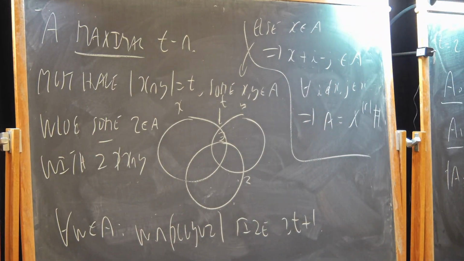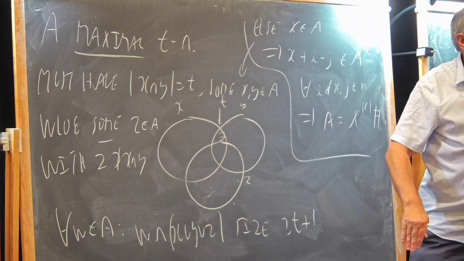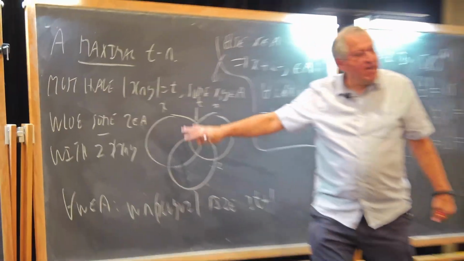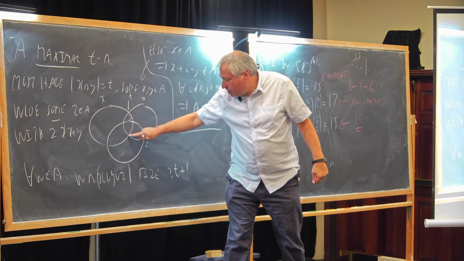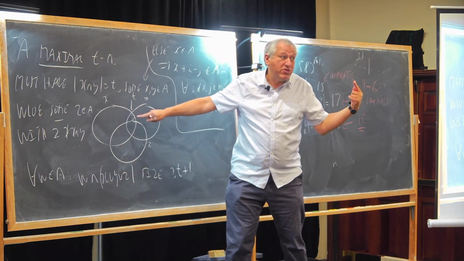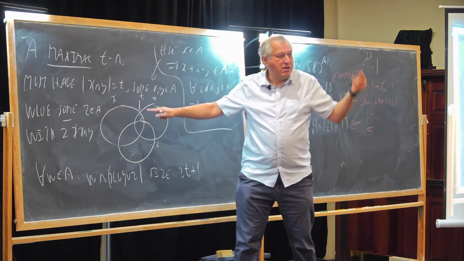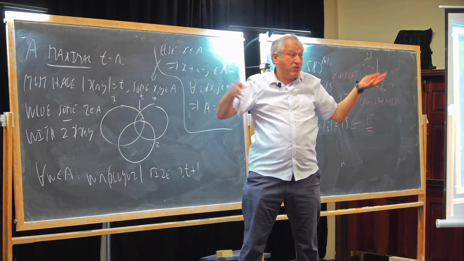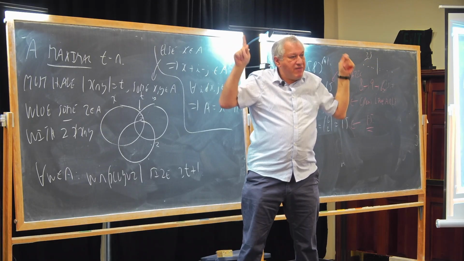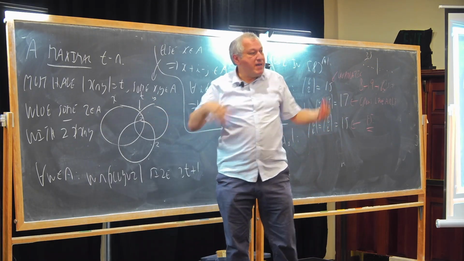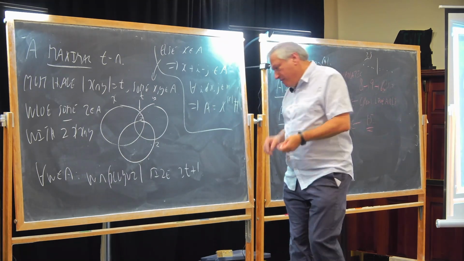Does that make sense to everyone? Because if it met this Venn diagram in only t points, it would be x intersect y, and then it doesn't meet z in t points, because there is something missing there. So any w in the family must have at least t plus 1 points in this finite picture, and now we're done. We didn't write down the final line.